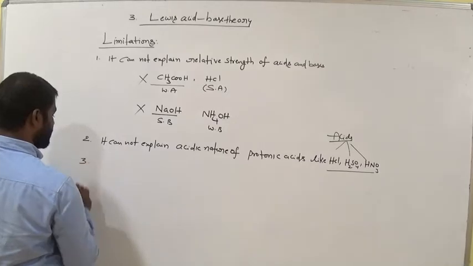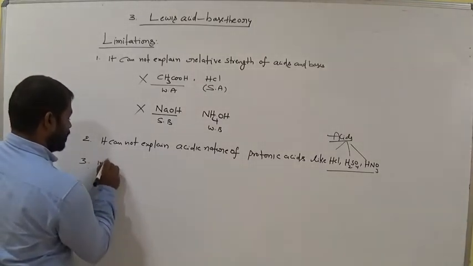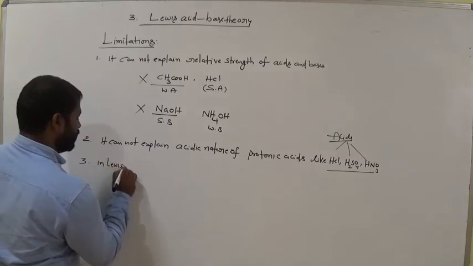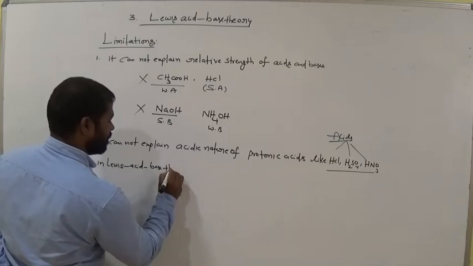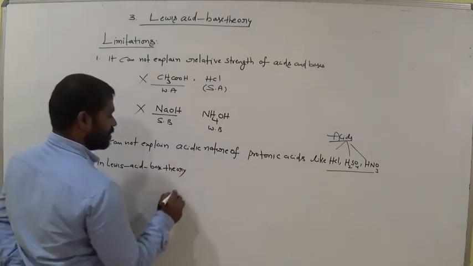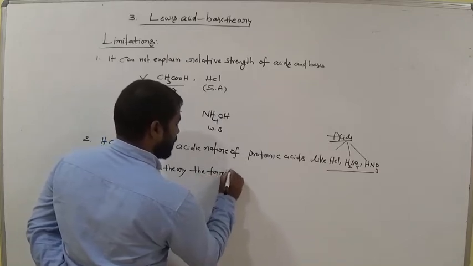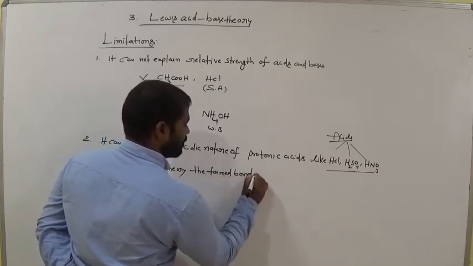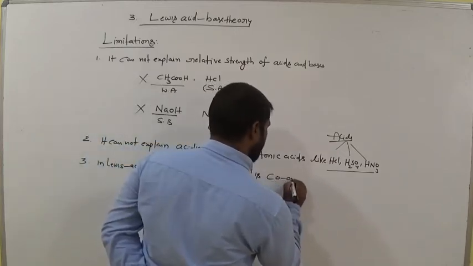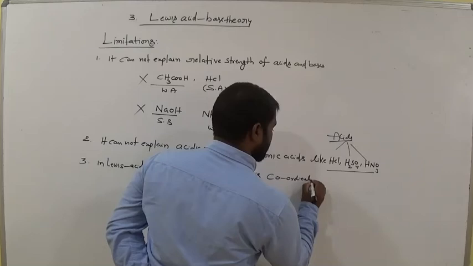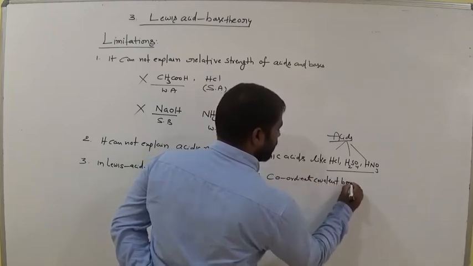And next, in Lewis acid base theory, the bond formed, which type of bond is formed? Coordinate covalent bond, am I right? Coordinate bond or coordinate covalent bond.